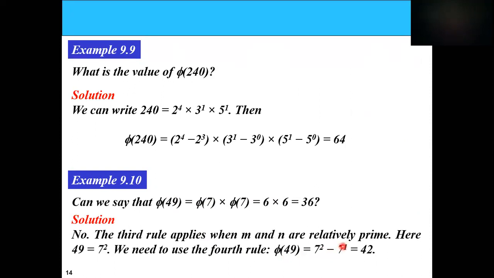It means 49 can be written as 7 power 2, and it means phi of p^e, where e is 2 and p is 7. So we have used the fourth case of Euler's phi function, and so the earlier result is not correct. So we have to use this one.